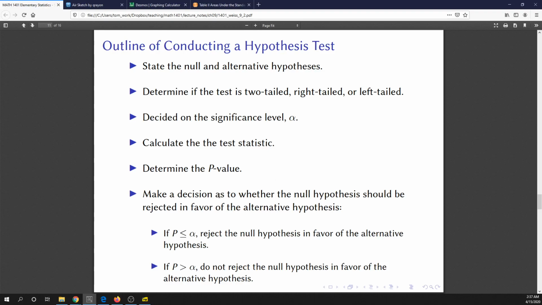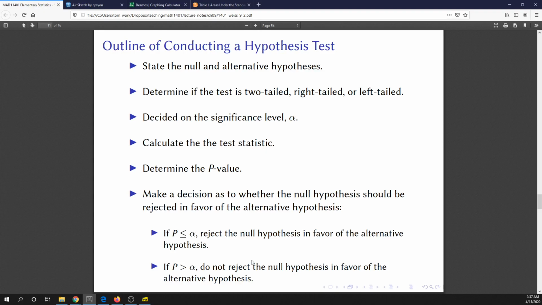And then based on that, we make the decision as to whether the null hypothesis should be rejected in favor of the alternative hypothesis. The criteria: if the p-value is less than the level of significance, then we reject the null hypothesis in favor of the alternative hypothesis. If the p-value is greater than the level of significance, alpha, then we do not reject the null hypothesis.